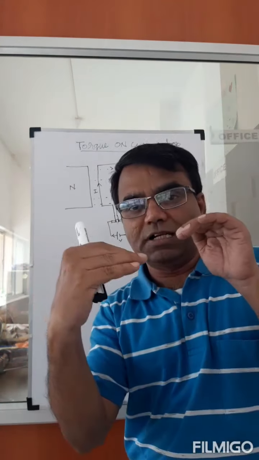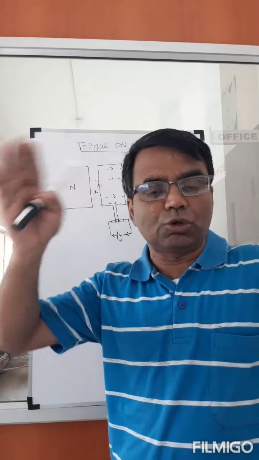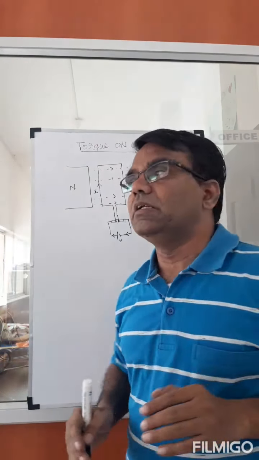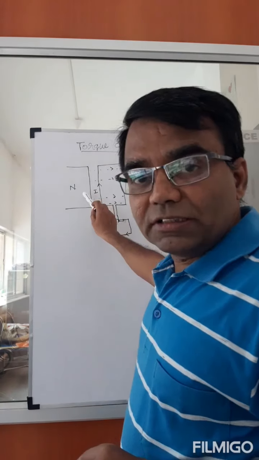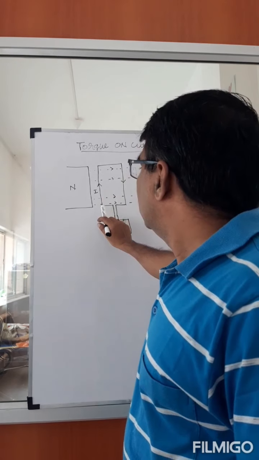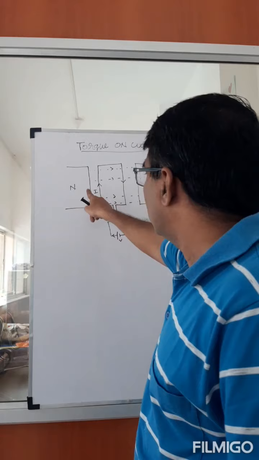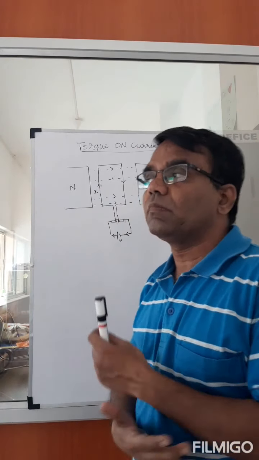It's more like a horseshoe magnet. Imagine that it joins at the bottom. You have the north pole here, the south pole here, and the current carrying loop in the space between the north and south poles.